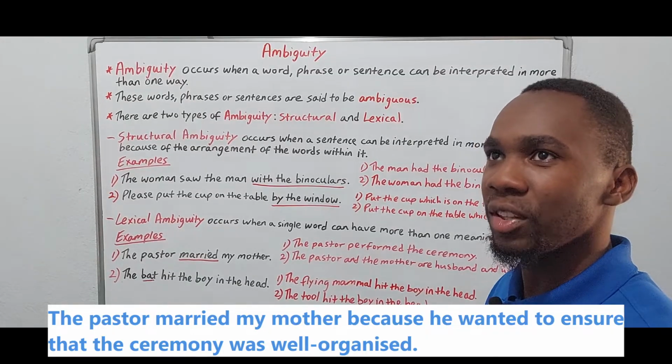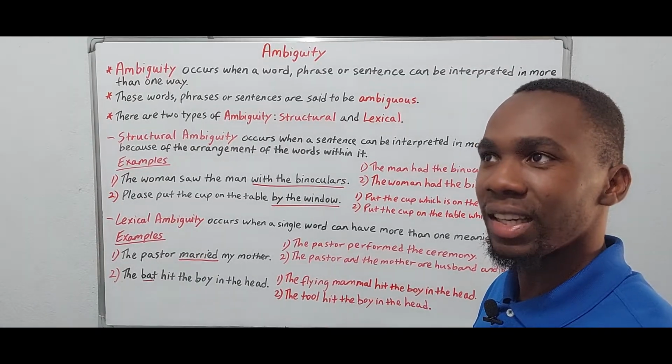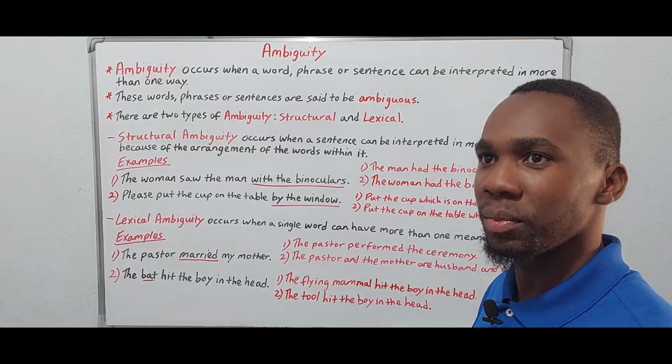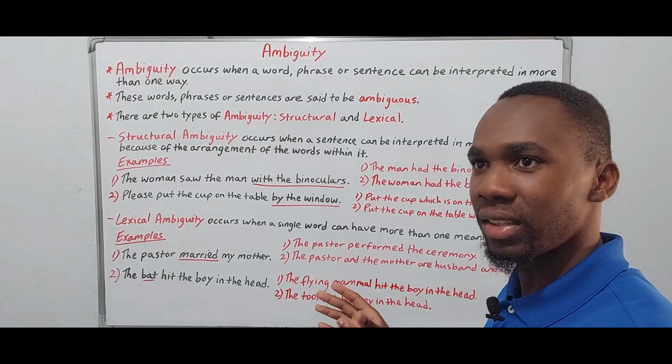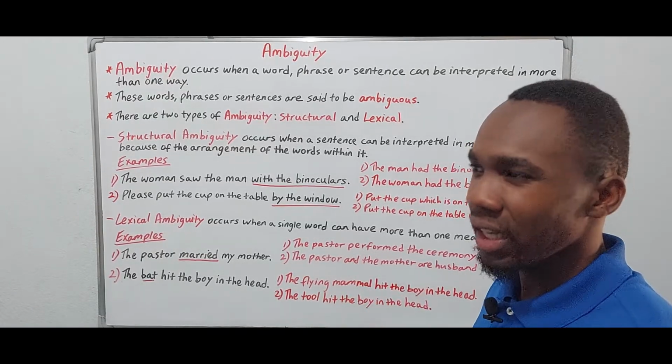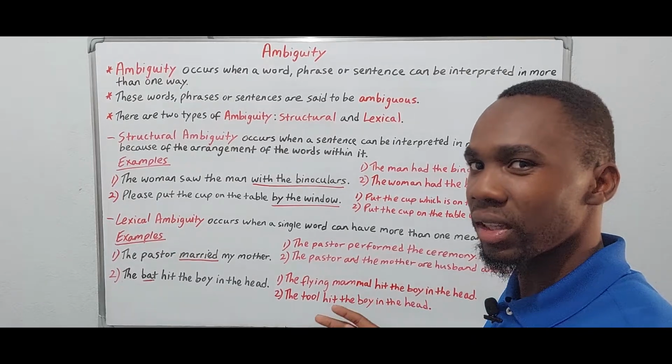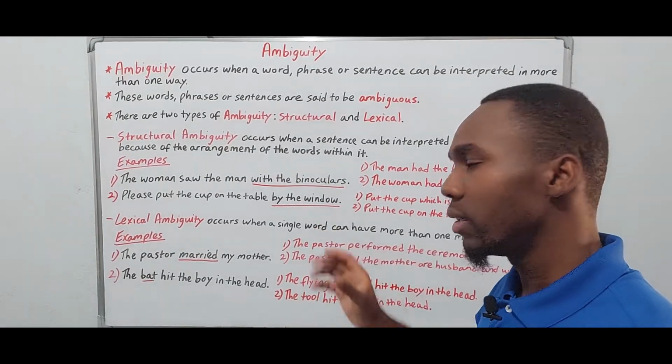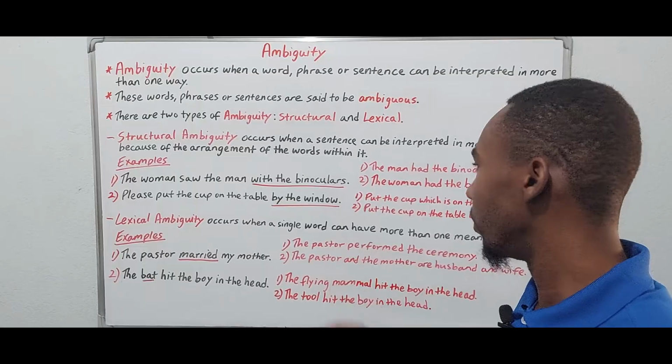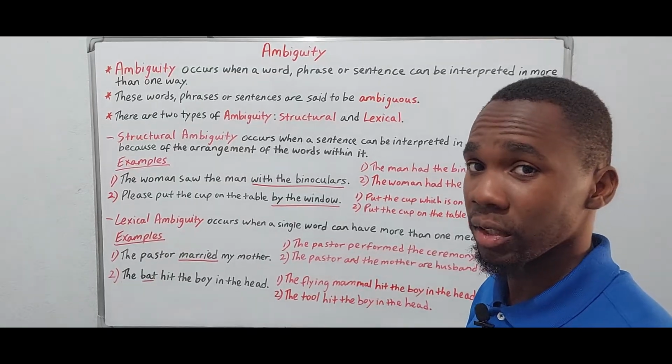Yes, even though you could still say that maybe it's ambiguous, but based on what I said afterwards, it is most likely that I'm referring to meaning number one, that the pastor performed the ceremony.